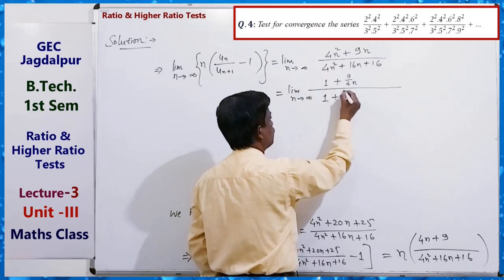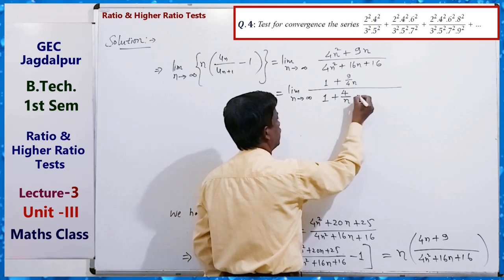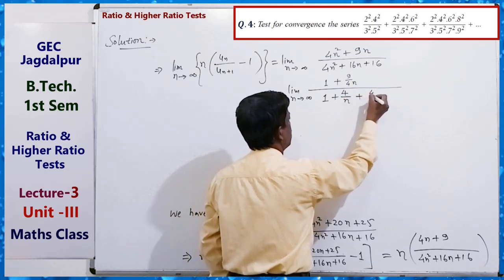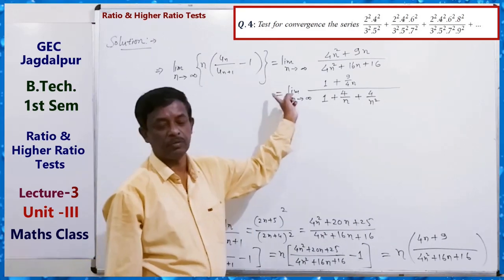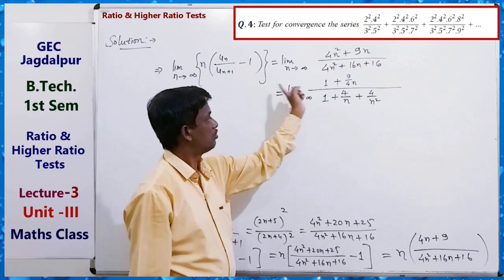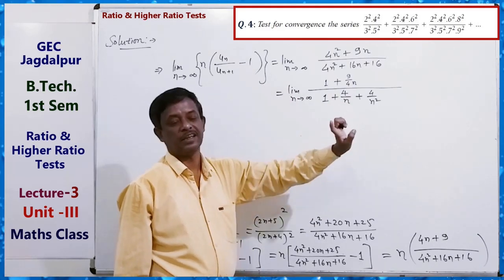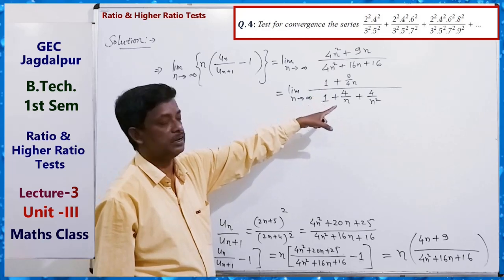And here 1 plus, 4 common, so 4 by n, and here 4 by n square, because 4n square is common, so 4 for 16n cancel, so 16n over 4n square.